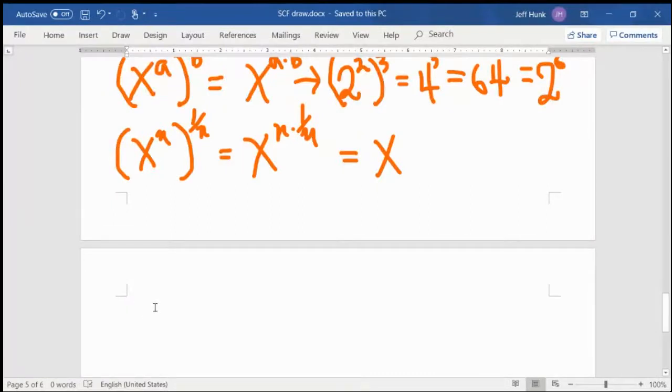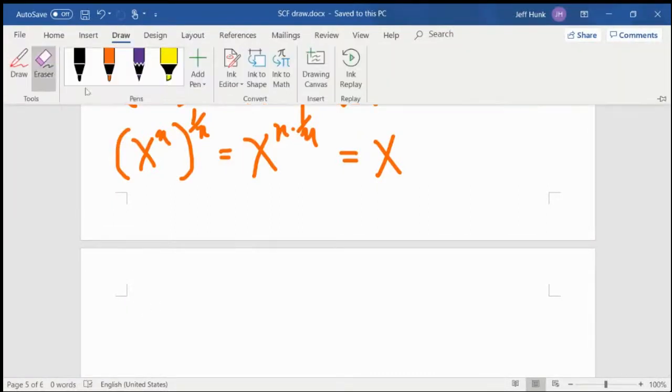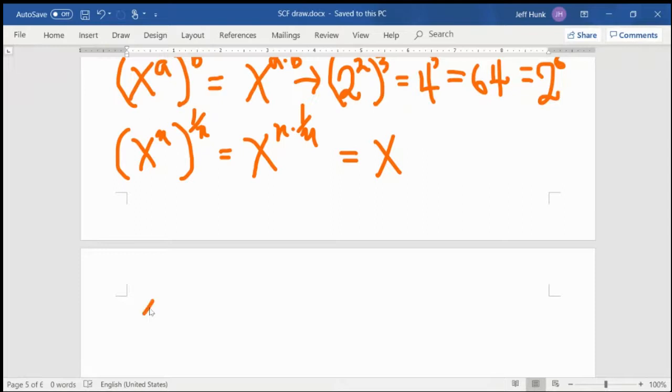Everyone would basically know that anything raised to zero is, anything raised to zero is what? One. Now, some people might say zero, because anything multiplied by zero is zero.